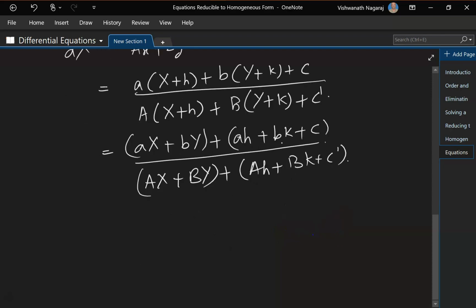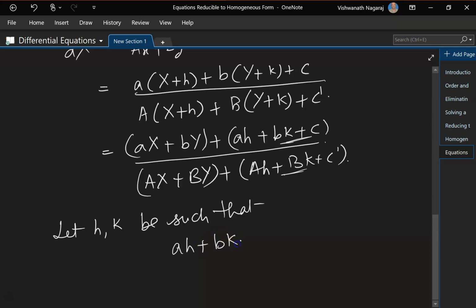Now let's make this and this 0, make them disappear. Now how can we make them disappear? So we choose the values of h and k such that ah plus bk plus c is equal to 0, and Ah plus Bk plus C dash is equal to 0.